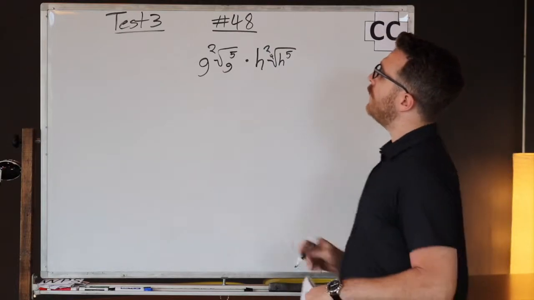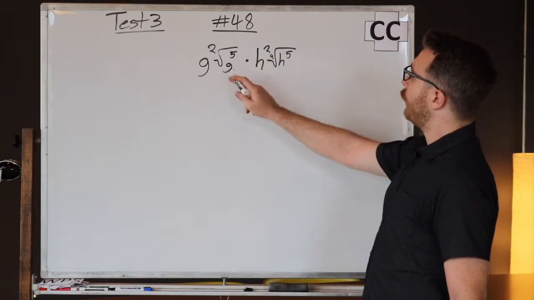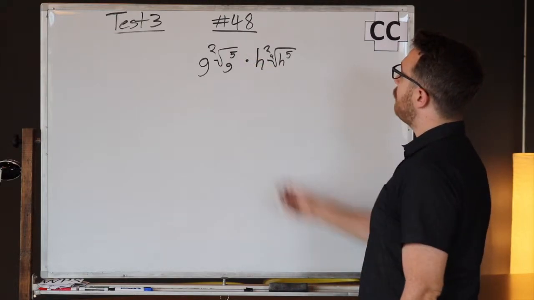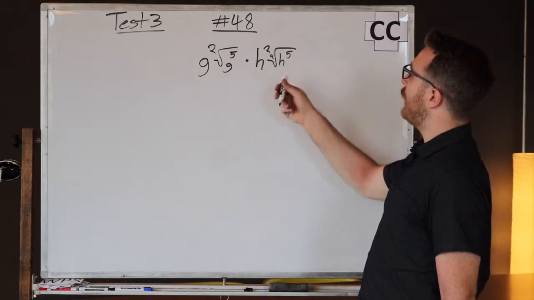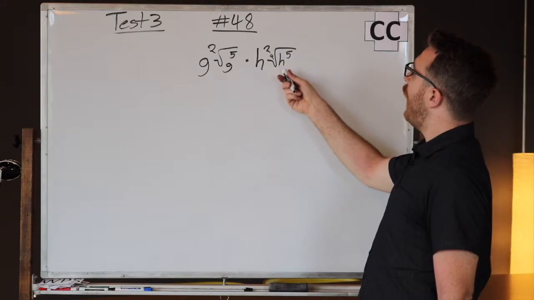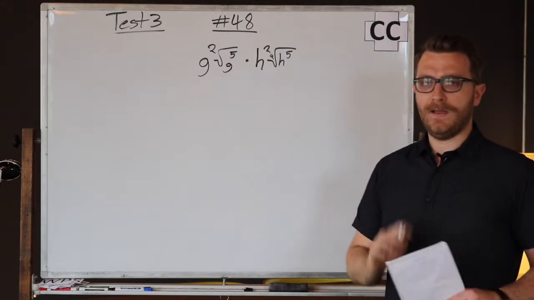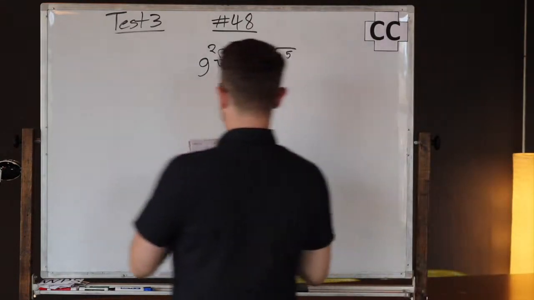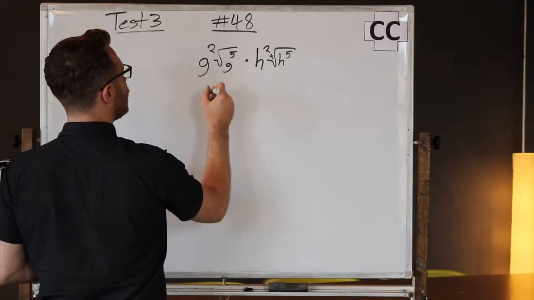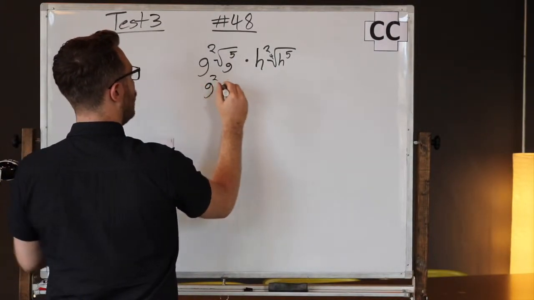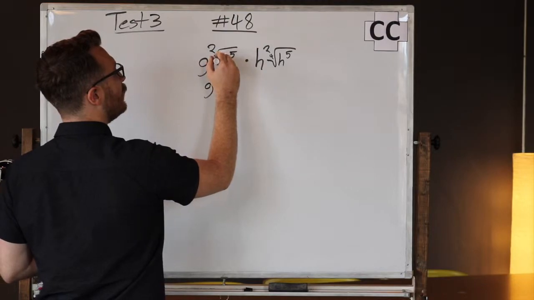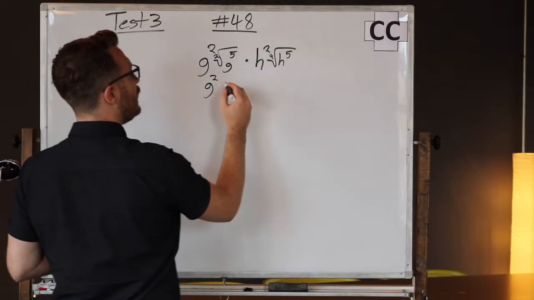So I have g squared times the root of g to the fifth. All that multiplied by h squared, the fourth root of h to the fifth. Let's start to simplify this out. First of all, I'm going to keep g squared where it is. And I know that this is really the square root of g.